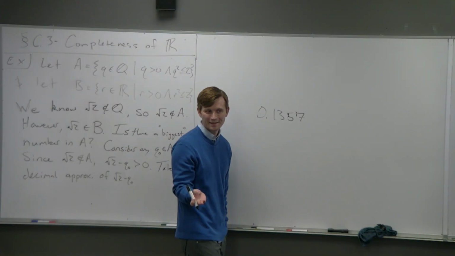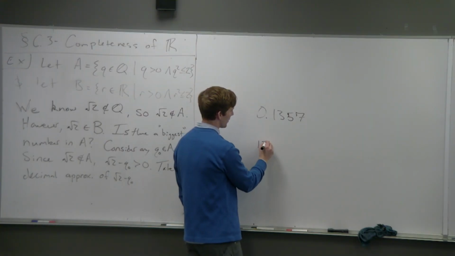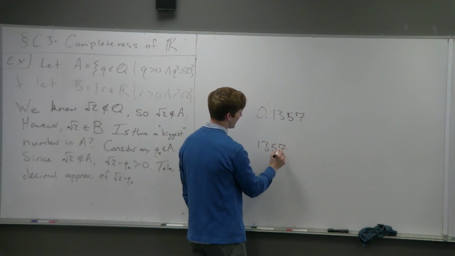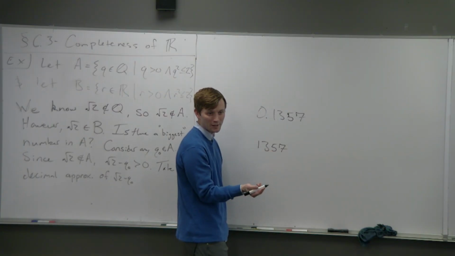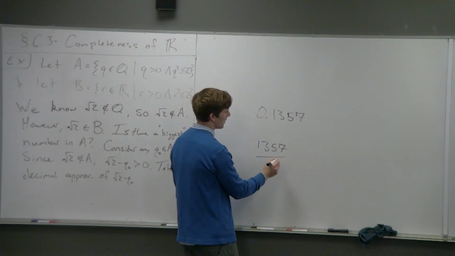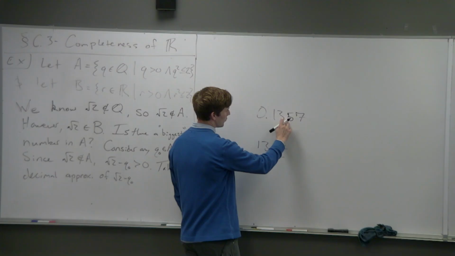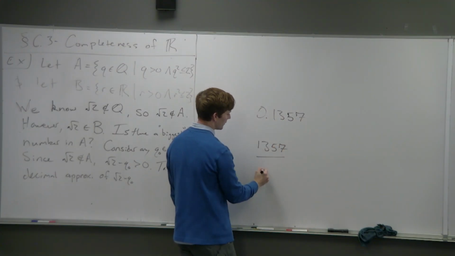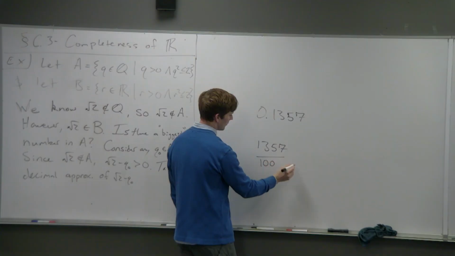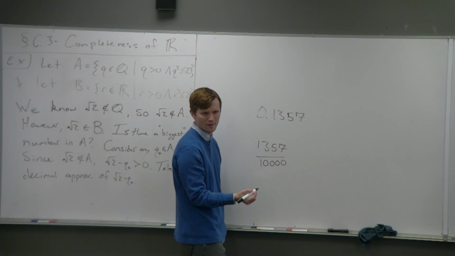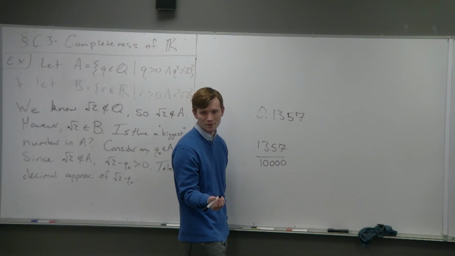Do you agree with this? That is, you could write this as 1357, which is an integer, divided by, well, I'd have to move the decimal 1, 2, 3, 4 places, so 10,000. Okay, so that's a rational number.